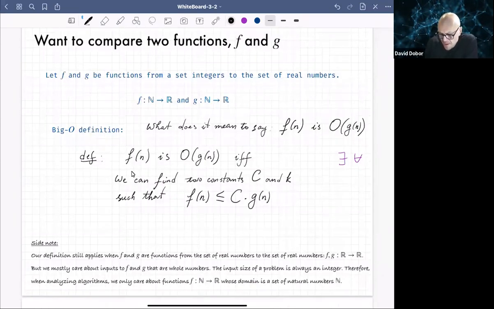For all n that are greater than this other constant K. That's what we mean by big O.